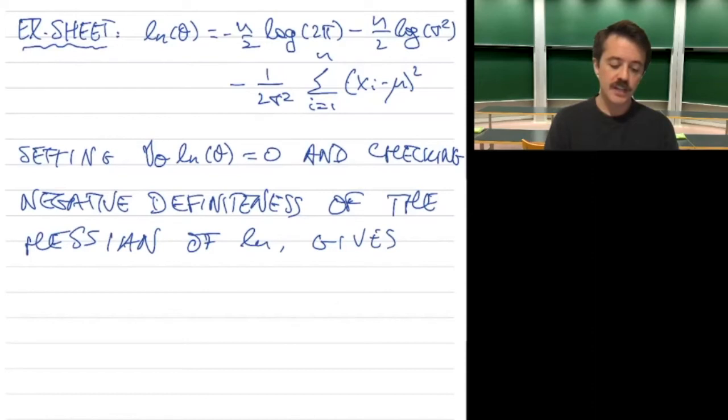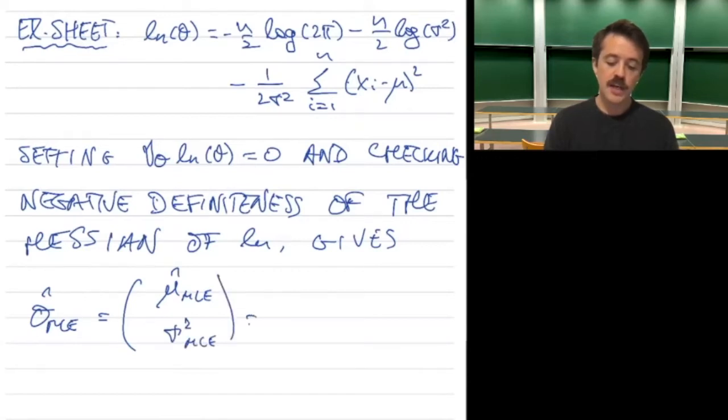You should be arriving at the following: the MLE in this model is given by two MLEs, one for the mean and one for the variance, and these can be written.